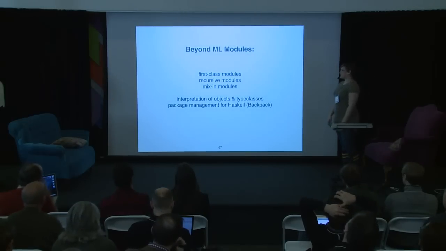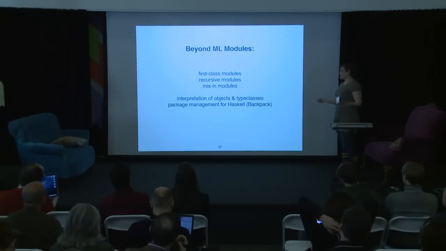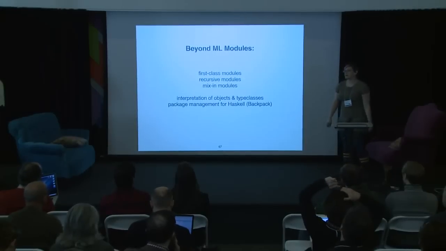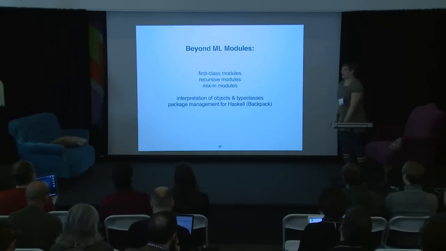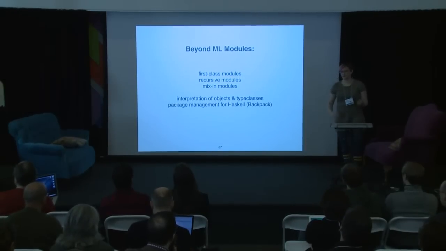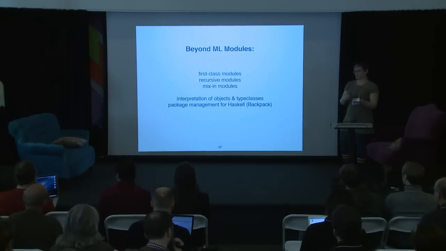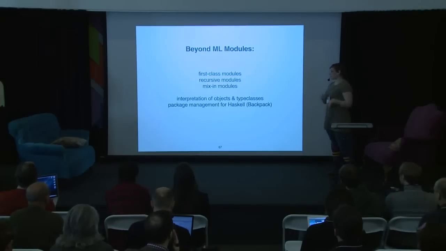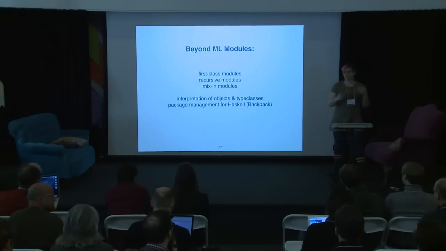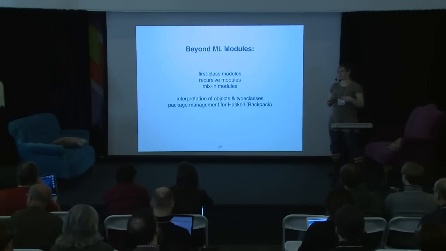Okay, but beyond the implementation of all of these MLs, there's been some research on how to talk about modules as first-class values, so not just making the module language part of the expression language. Also having recursively defined modules, and something called mix-in modules, which are sort of an alternative to functors, where you can declare some things concrete and some things abstract that are waiting to be filled in later.